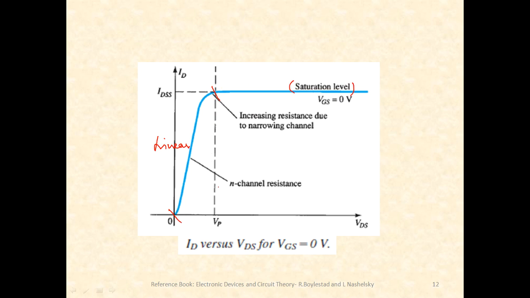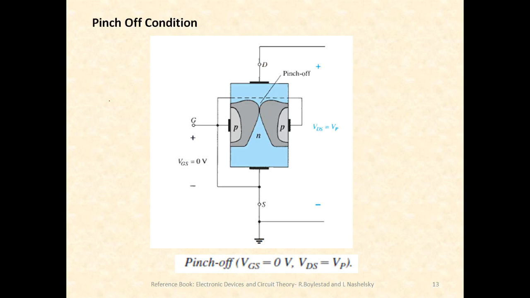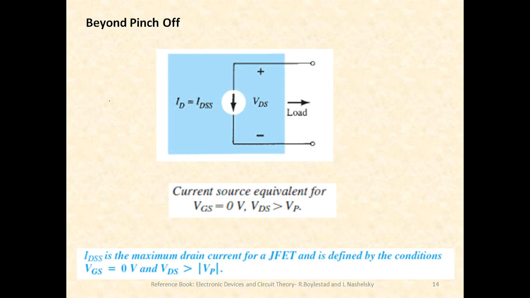The voltage that differentiates between linear and saturation is called the pinch off voltage. Pinch off is that particular stage within a JFET where the depletion regions tend to touch each other, although there will always be a small gap present. So that is the status of the pinch off condition. This diagram clearly depicts the pinch off condition.